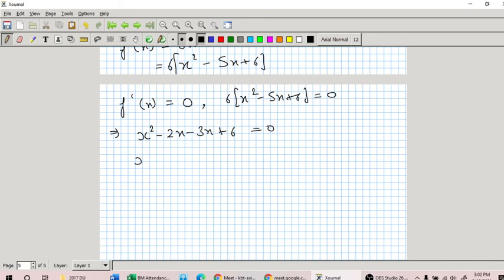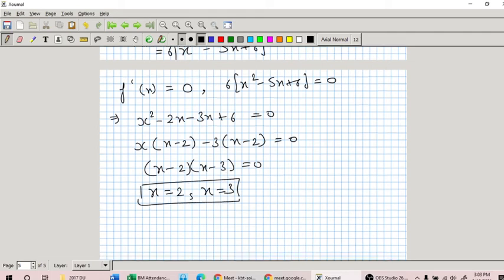So x minus 2, minus 3 times x minus 2. So the factorization will give you x minus 2 and x minus 3. So the value you have here is x is equal to 2 and x is equal to 3.